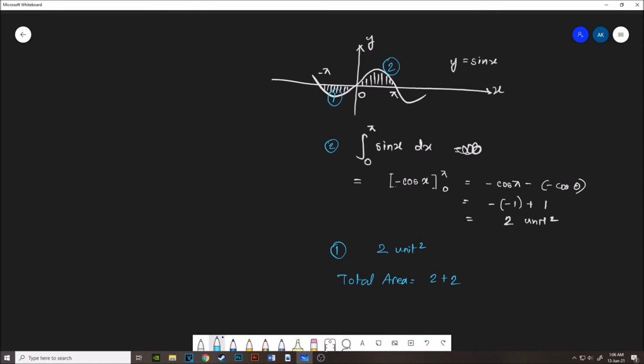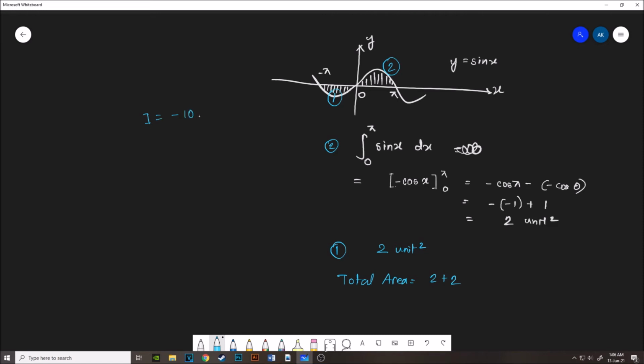One important thing to remember is that when your area is under the x-axis, sometimes the area might turn out to be negative after doing the integration calculation. In that case, you take the modulus of that number. For example, after doing the integration you find that your area turns out to be minus 10.